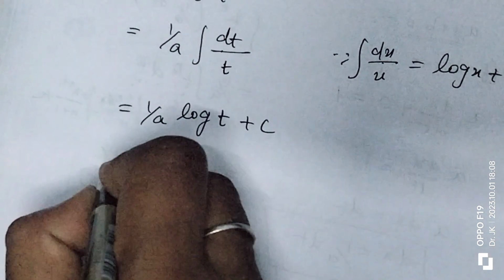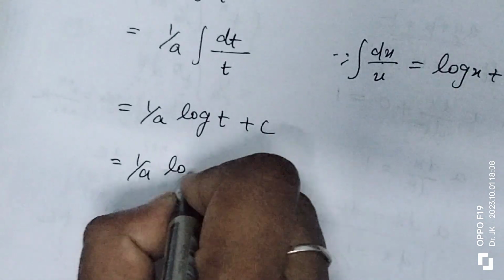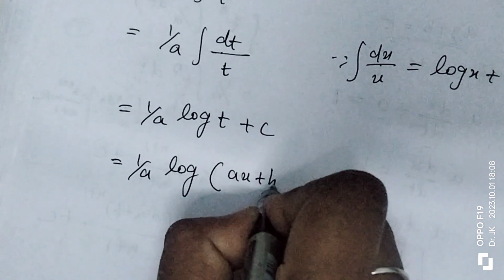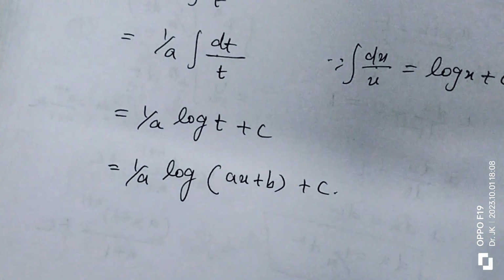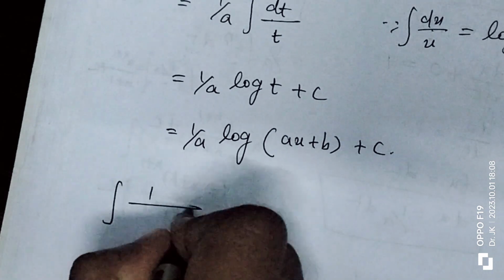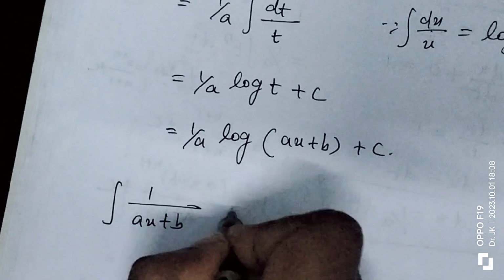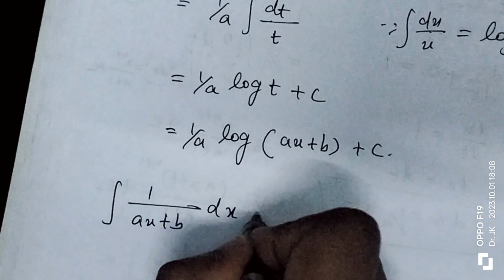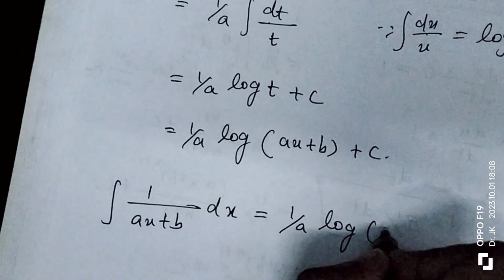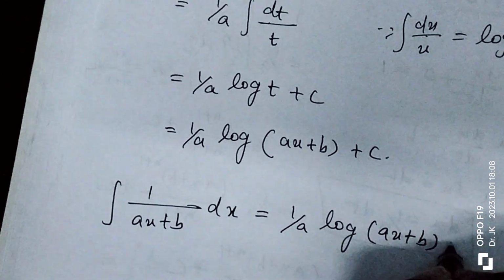Now t is equal to ax plus b. Therefore, the integral of 1 by (ax plus b) into dx is nothing but 1 by a into log of (ax plus b) plus c.